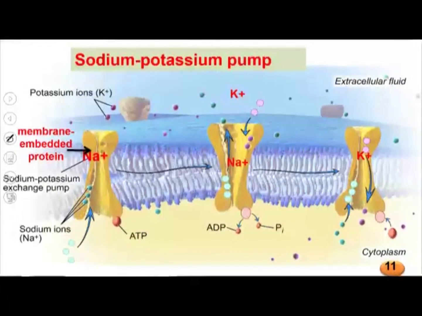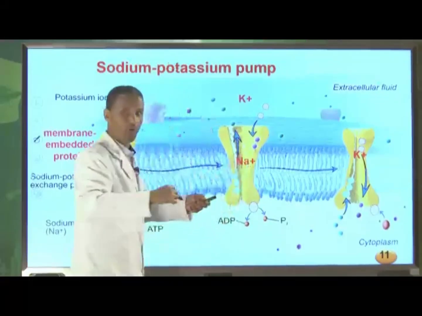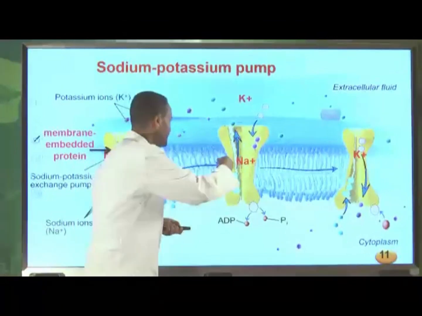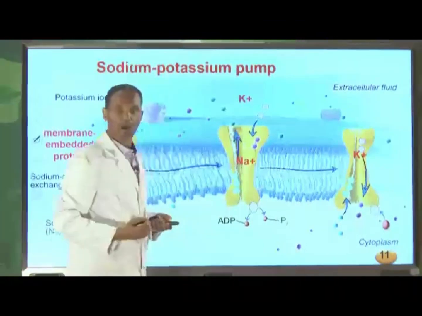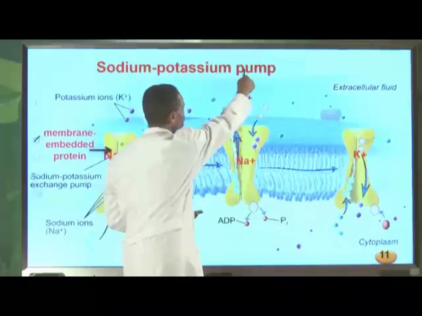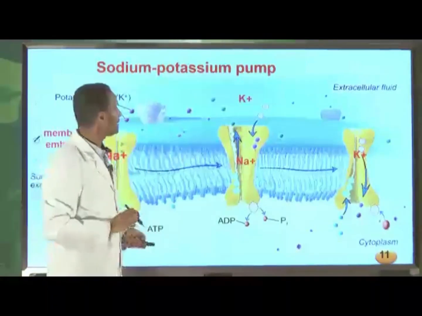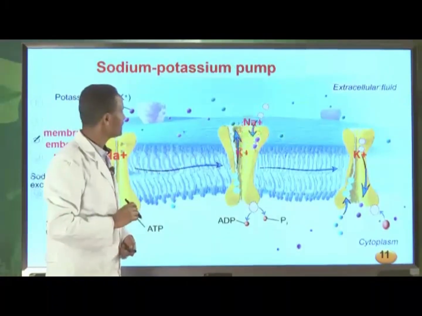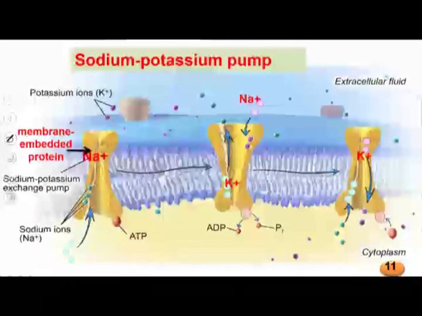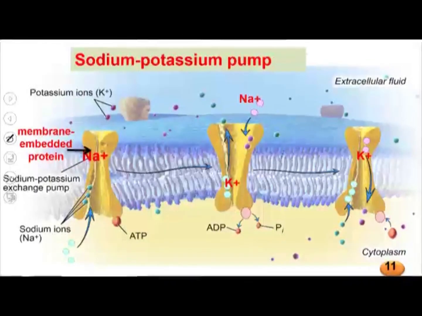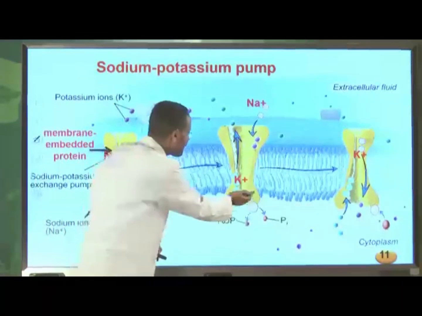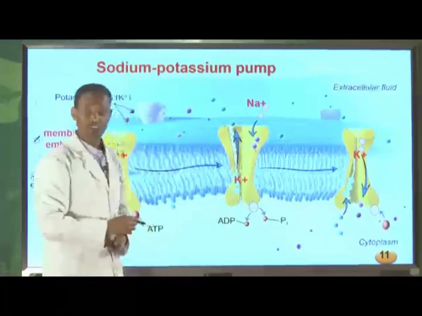Then the outside direction of this protein becomes open. As a result, the sodium ion is pumped out, and the potassium ion starts to be pumped in. Look, the process. Now, the sodium is moved out, but the potassium is trying to enter the cell, but it cannot pass this closed portion.